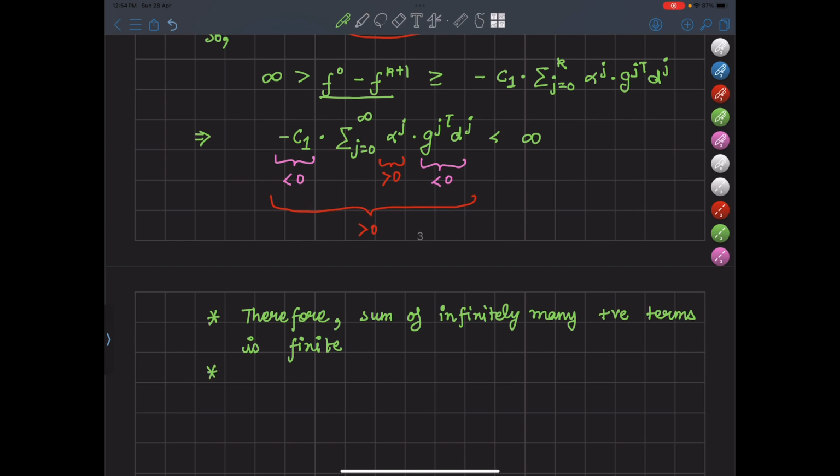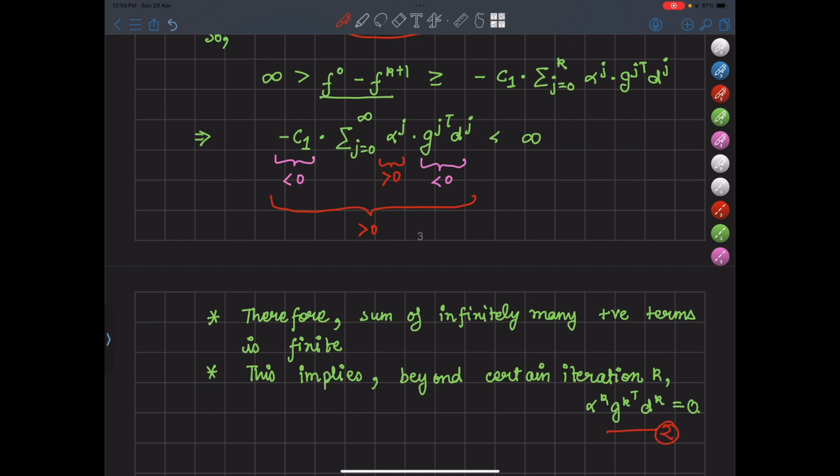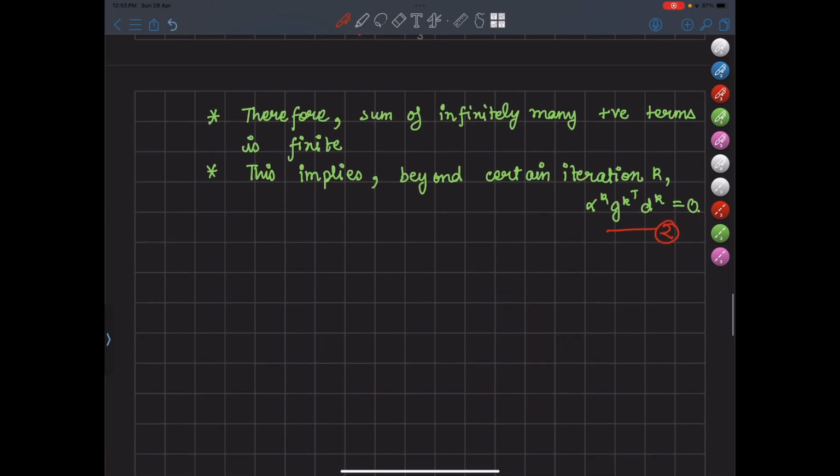This implies that beyond a certain iteration, alpha k gk transpose dk will be equal to 0. So this is one more result. All right. So here we used the Armijo condition.